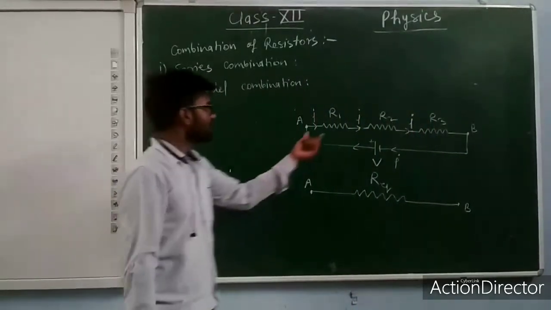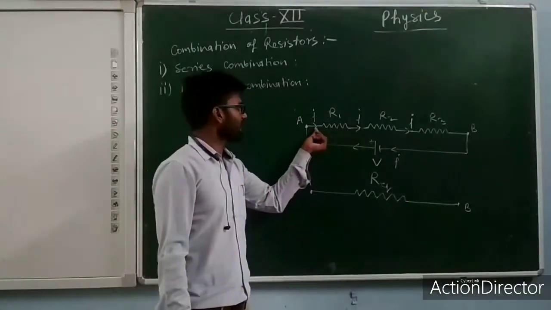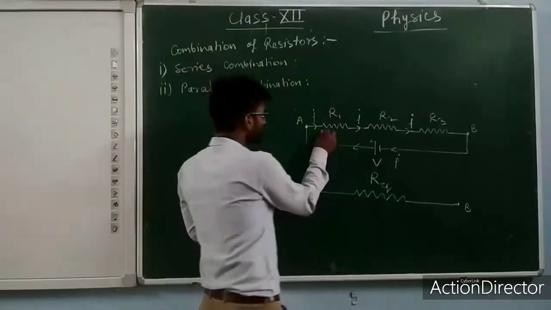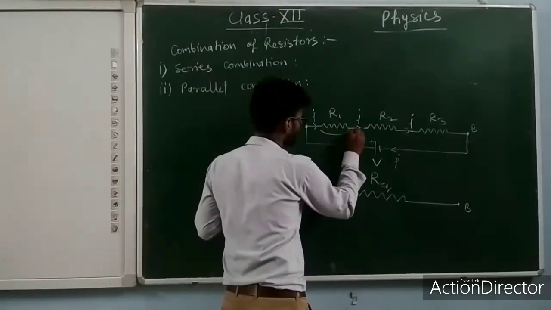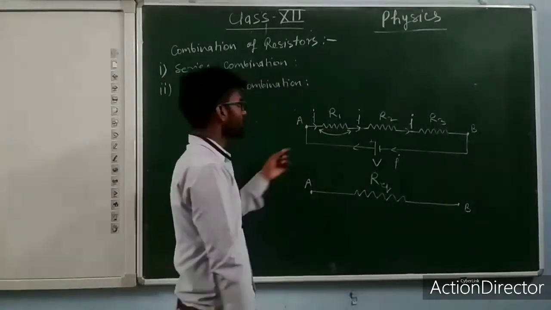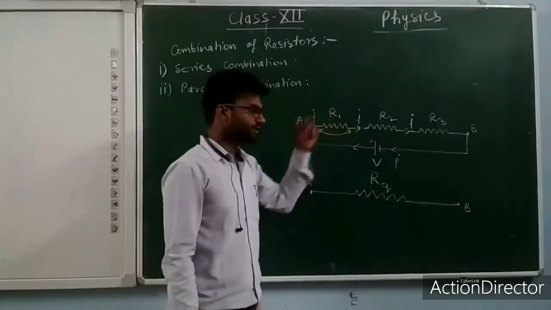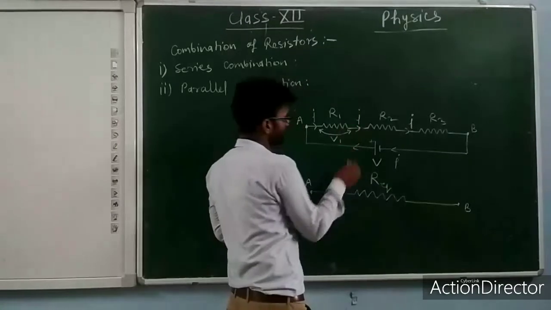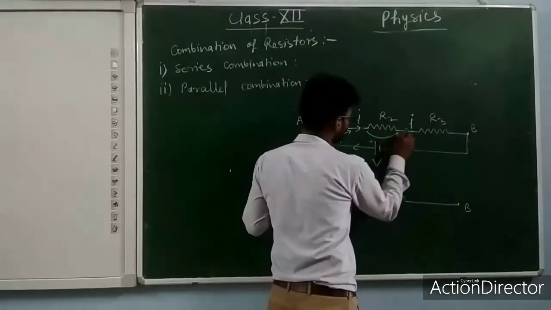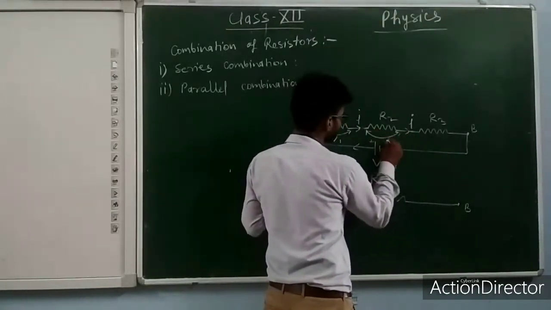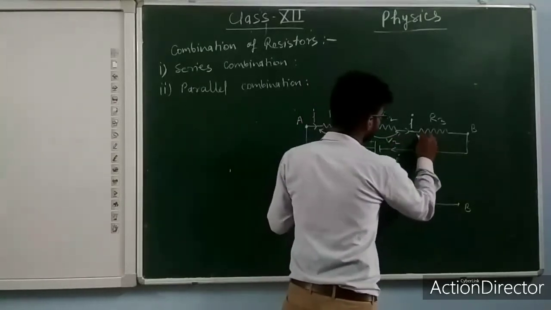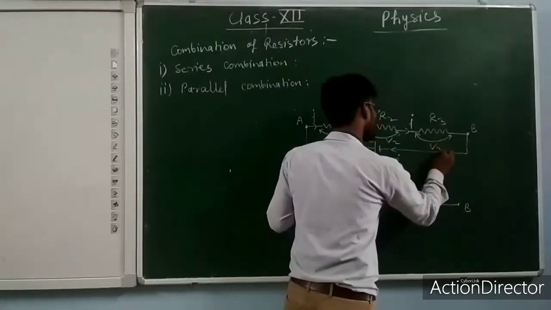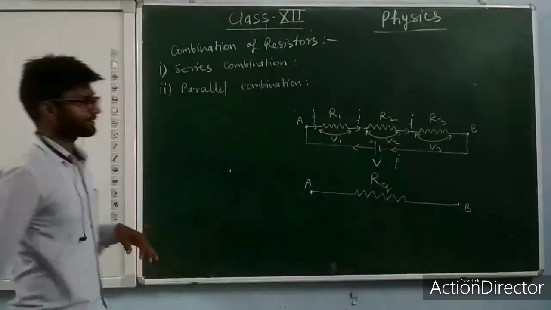Now, if this is the resistor and current I is flowing through this resistor, there will be a potential drop across this resistor R1. Let us consider that potential drop is V1. Further, the potential drop across the second resistor is V2, and the potential drop across the resistor R3 is V3, right?